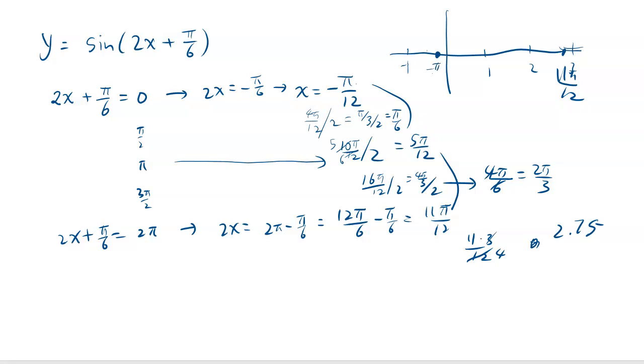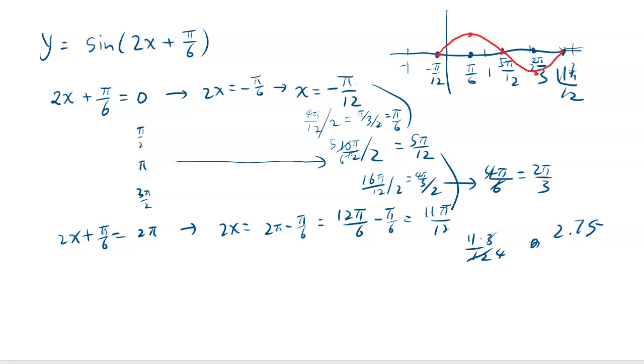So this is -pi over 12, and then a midpoint is somewhere here, which is 5 pi over 12, and then you have another midpoint here, which is pi over 6. Another midpoint between there is 2 pi over 3. Okay, so we have those 5 points ready. Now just connect them by 0, 1, 0, -1, 0, and now you have the graph.